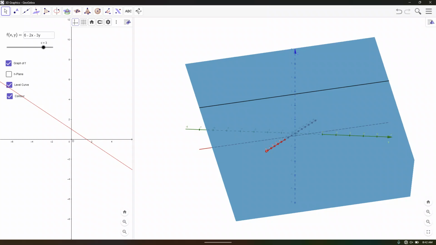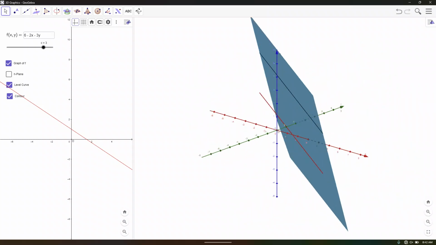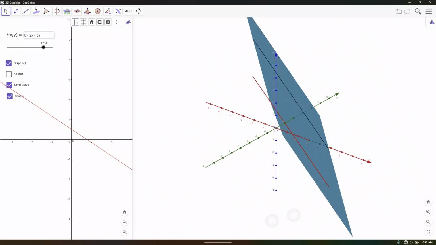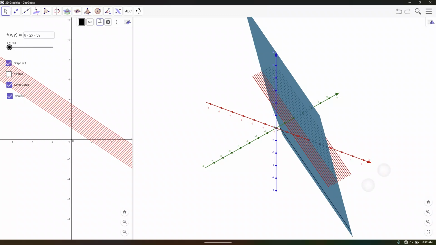Let me put it on the side from a different perspective, so you can see for different values of C how we create the different lines, right? Those different level curves. Well, in this case, they are level lines, but they're still considered curves.